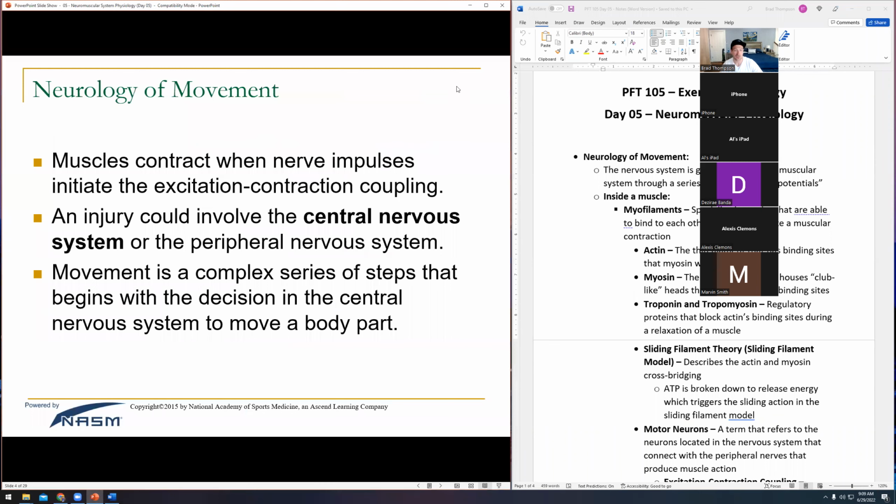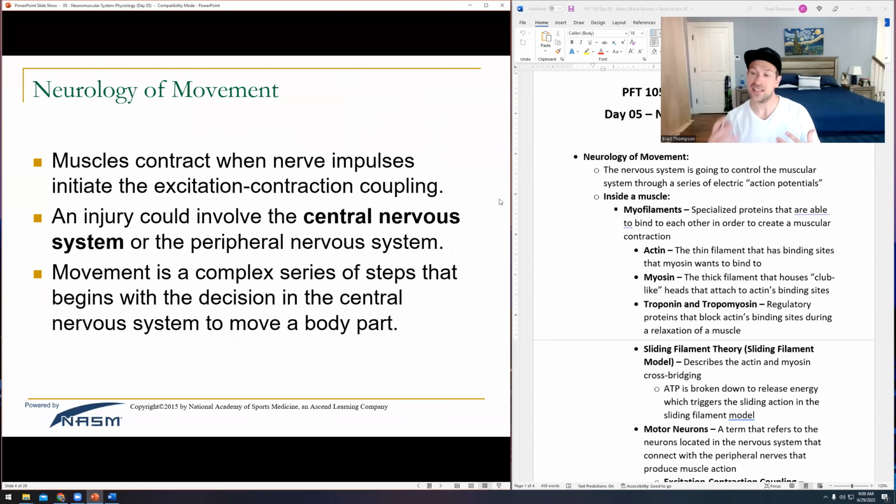So that is sort of how our neurons are going to function, right? That's how we have our central system, which is all the decision making, and our peripheral system, which is in charge of connecting the central system to the outside world, right? Your central system is encased in your skull, and it's encased in your vertebrae.